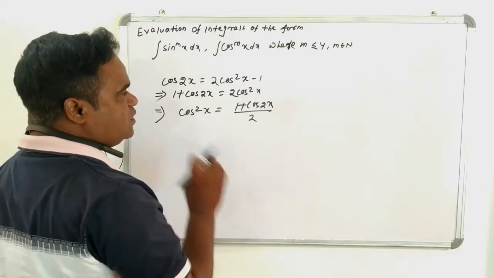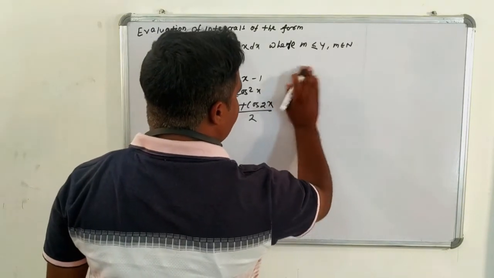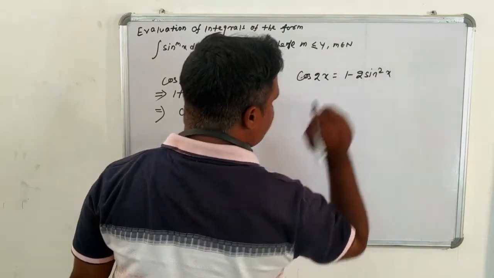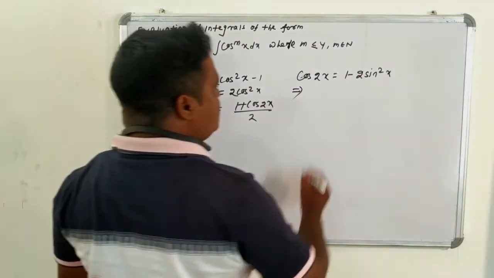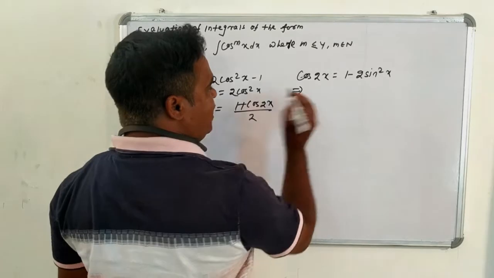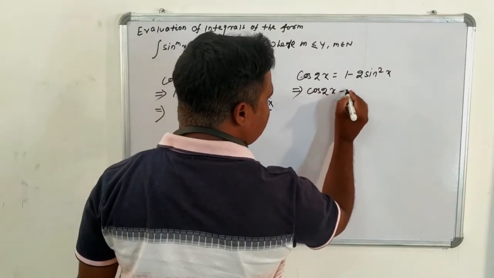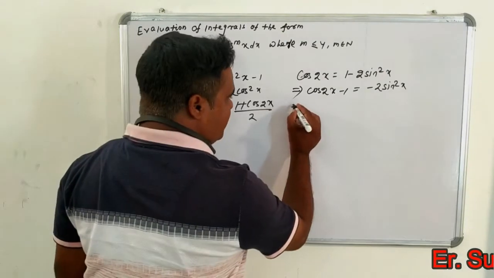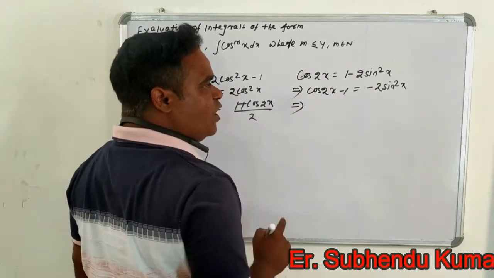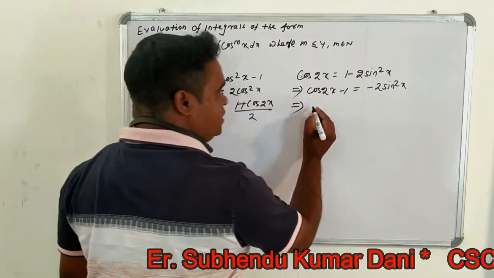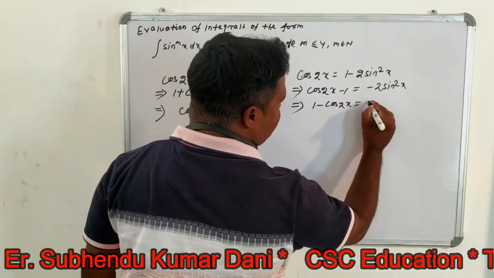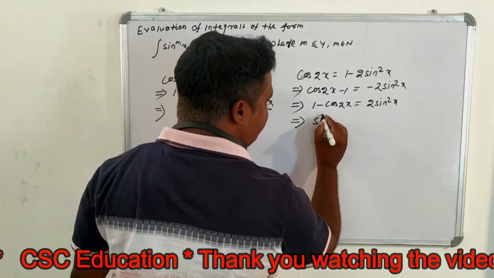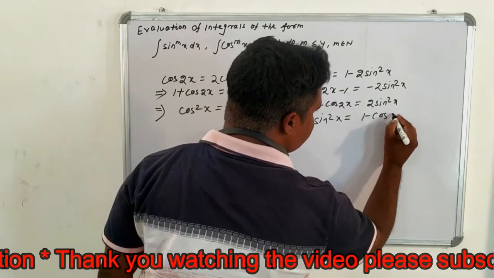The formula is also cos 2x equals 1 minus 2 sine square x. Converting this to sine squared form, the 1 on the right side moves to the left as minus, so cos 2x minus 1 equals minus 2 sine square x. Multiplying both sides by minus, 1 minus cos 2x equals 2 sine square x. So sine square x equals 1 minus cos 2x divided by 2.